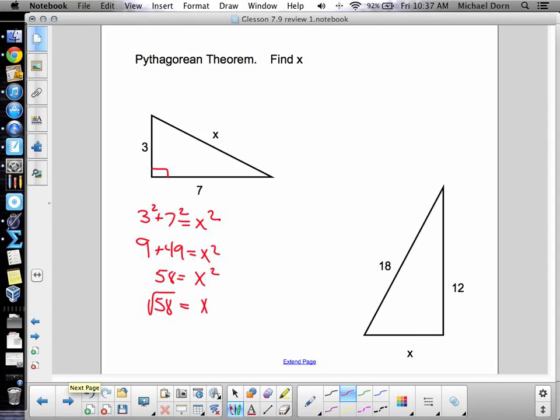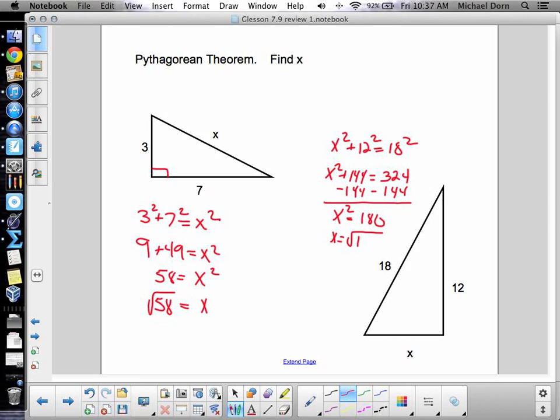There just aren't any, so that's the solution. Here, however, we set up differently. X squared plus 12 squared equals 18 squared. Here the x squared is not by itself. The hypotenuse is always by itself. So I have to subtract the 144. I get x squared equals 180.